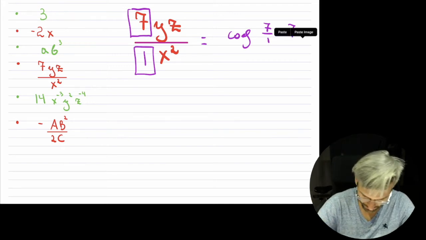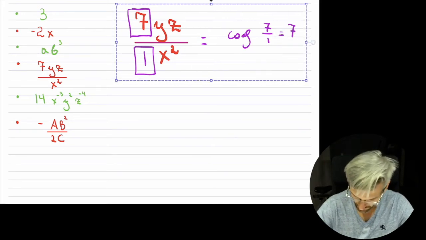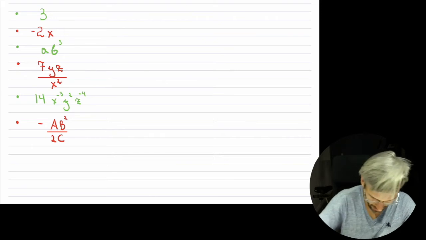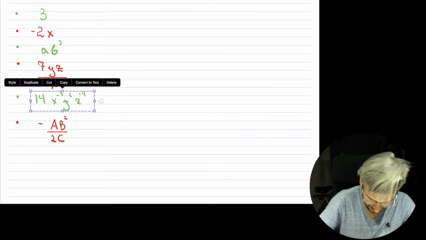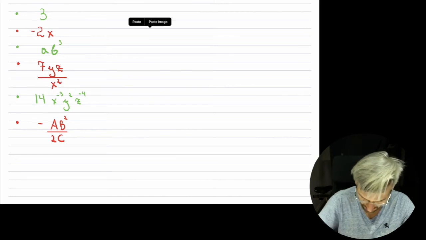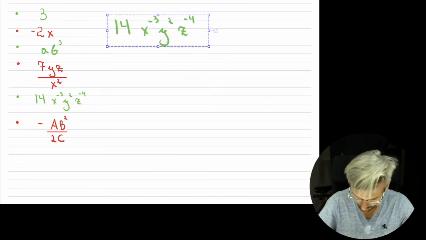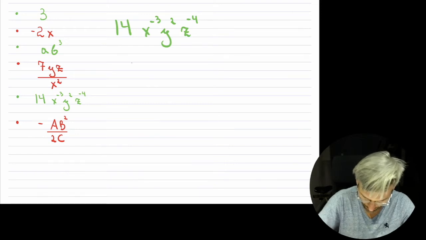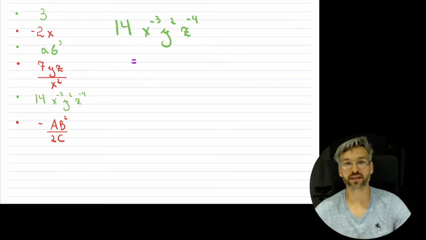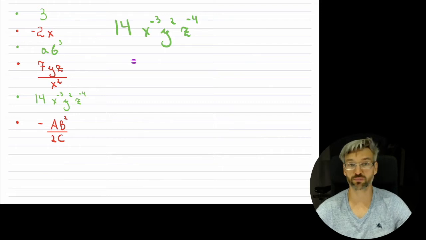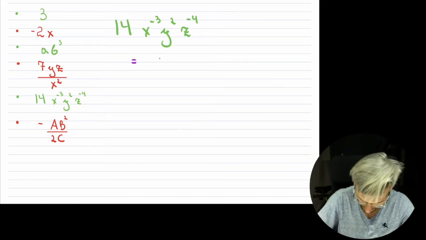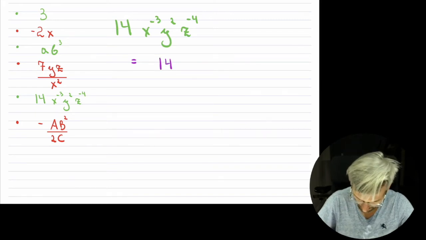Okay, so I'm going to remove this and now move over to the next one, which has negative exponents. So I'm going to copy this and I'm going to paste it, and I'm going to blow it up. And I will change it because notice that in the definition we said we will assume that the exponents are positive. So if the exponents are negative, we can make them positive by using the exponent law for negative exponents. So here I really have 14, and my positive exponent I will leave.